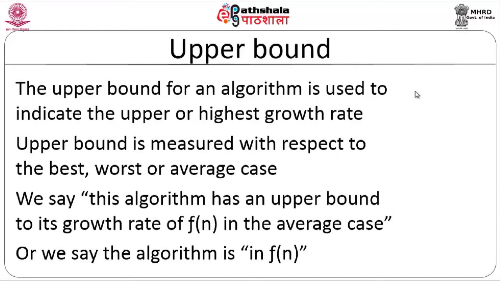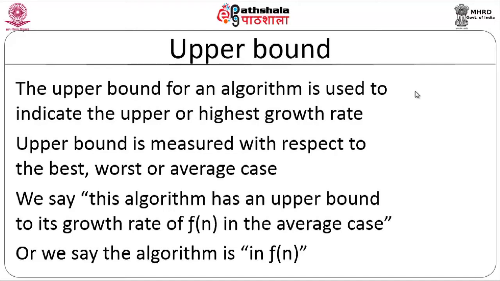So, upper bound can be measured with respect to the best, worst as well as the average case, and we can say that the growth rate of f(n) is in O(f(n)). So, that means this algorithm has an upper bound to its growth rate f(n) in the average case. In other words, we can say that the algorithm is in O(f(n)).